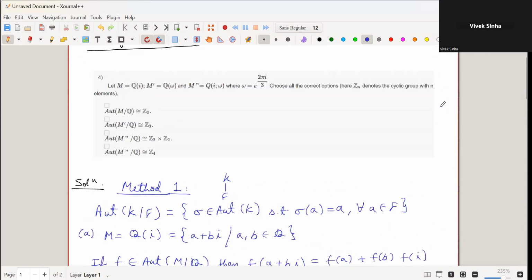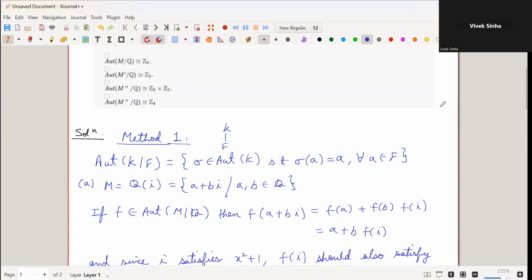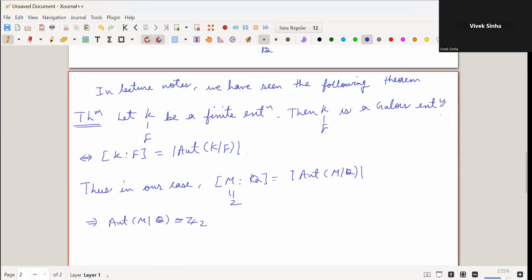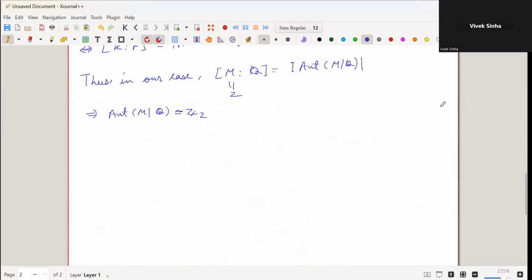The second part is M dash over Q is isomorphic to Z3. So M dash is Q(omega).